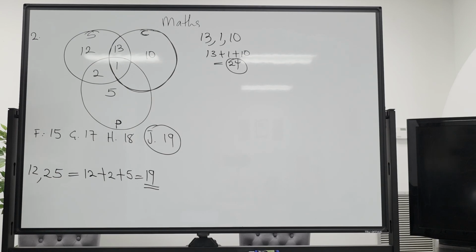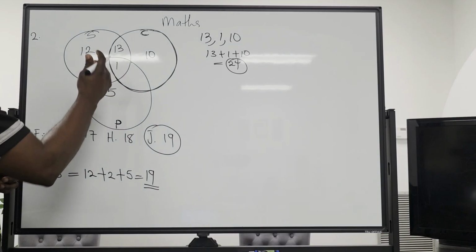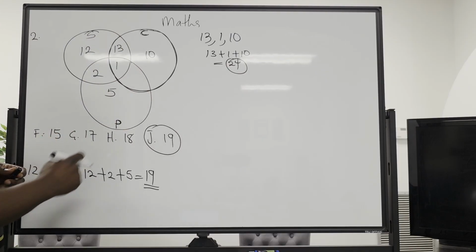They can ask this question many ways. They can ask from this Venn diagram alone, how many farms raise both cow and sheep only? In that case, your answer is going to be 13, because 13 is in the sector of sheep and cow.